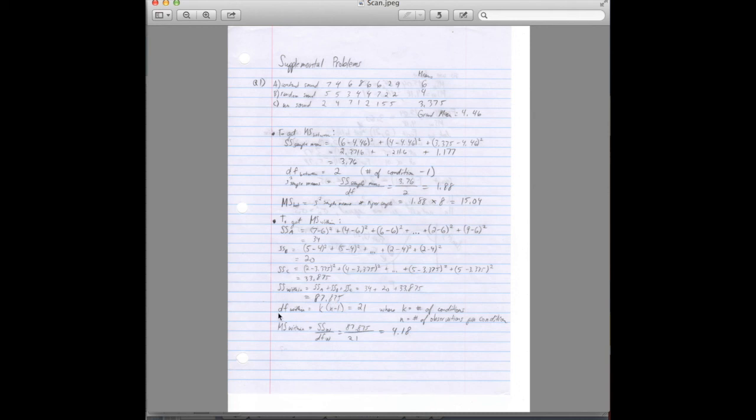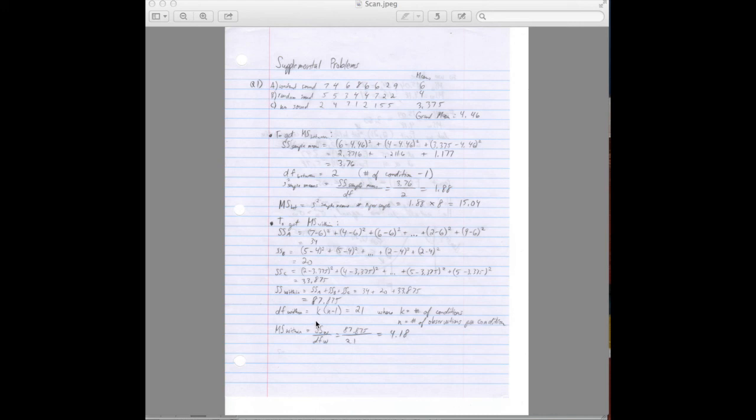In order to get the degrees of freedom within, you've been given the formula k times the quantity n minus 1, where k is the number of conditions. In this case, we had 3 conditions. And then the n term is the number of observations per condition. Again, we had 8.